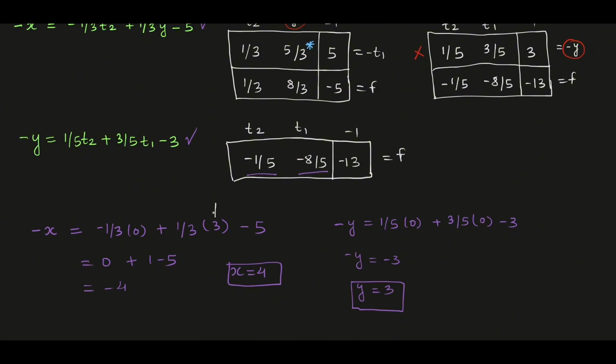I got this value from the table here. So the values for x and y are 4 and 3, and the objective value is 13. And t1 and t2 are 0.